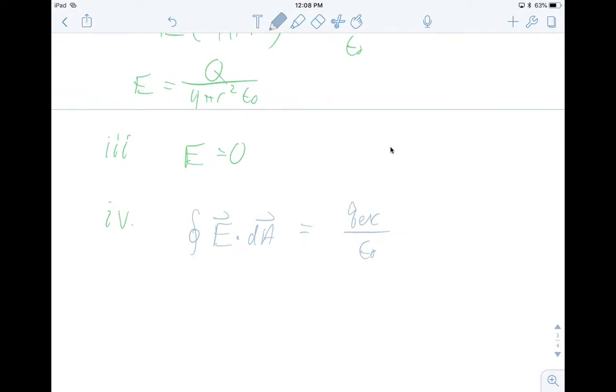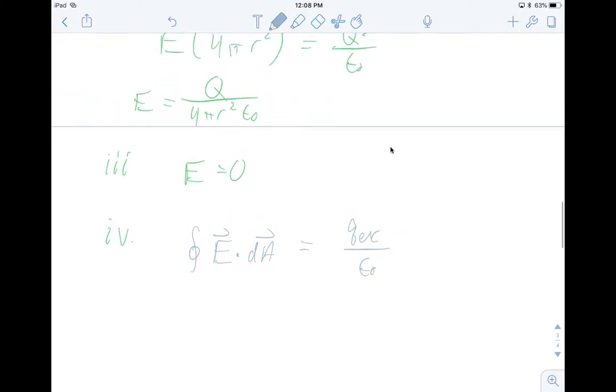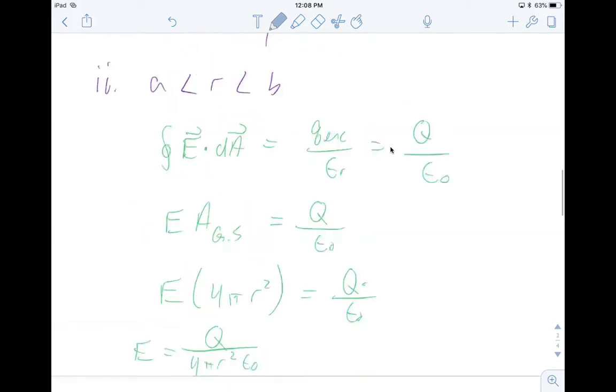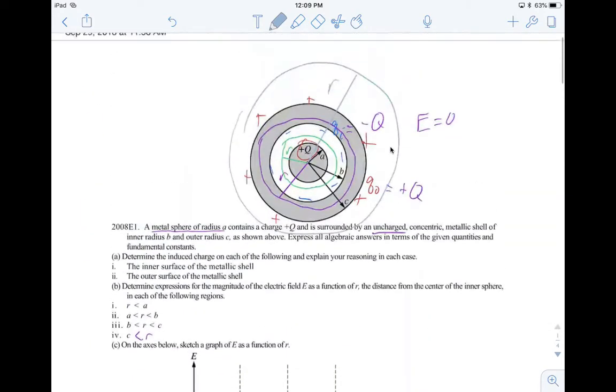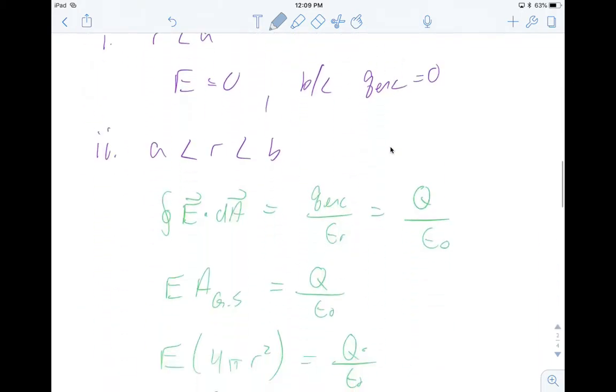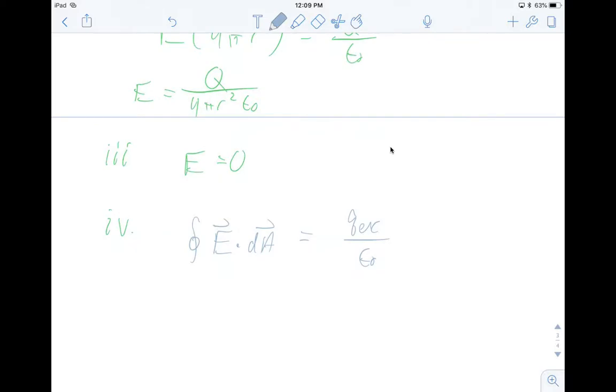How much charge is enclosed? Well, the outer conducting shell has no charge, so 0 for that, plus that middle charge. We do have that positive Q in the middle.